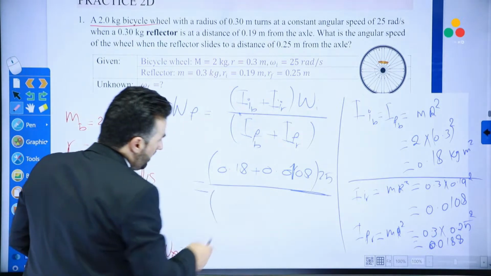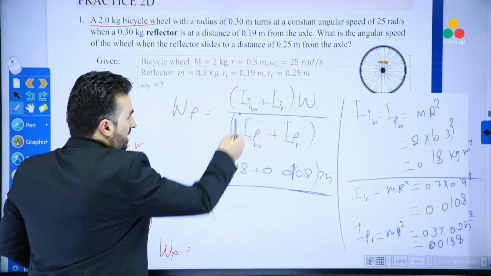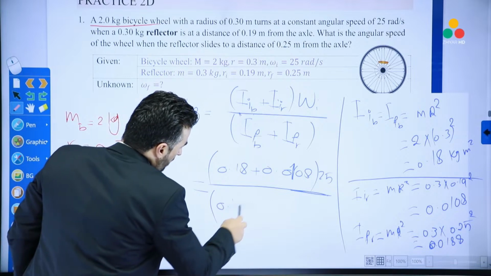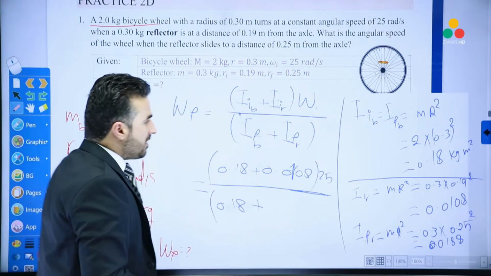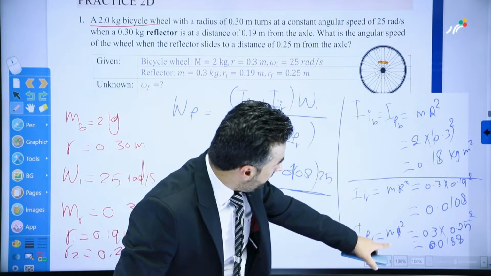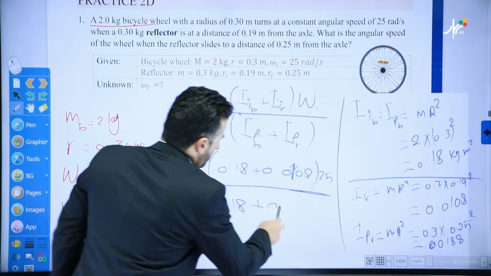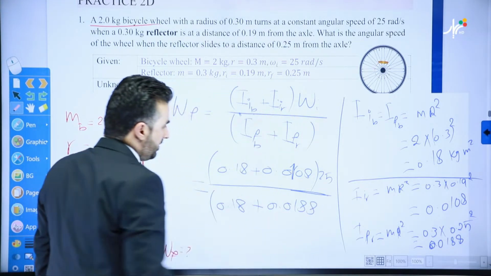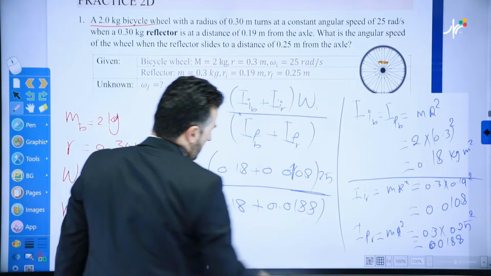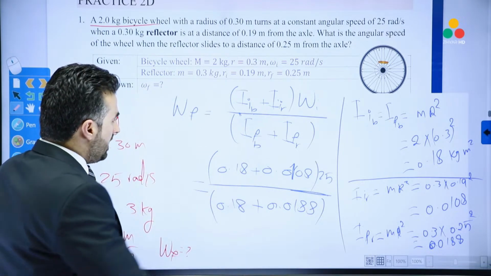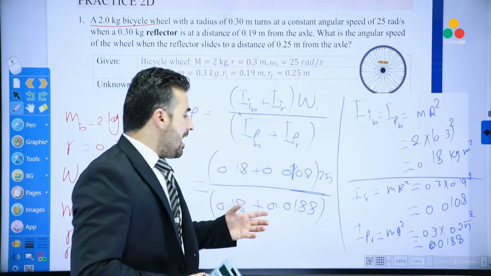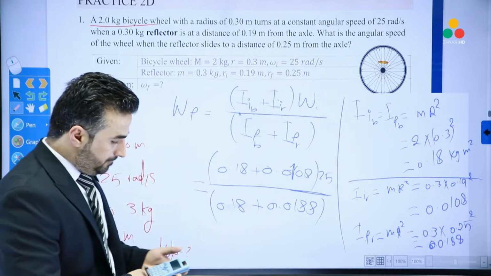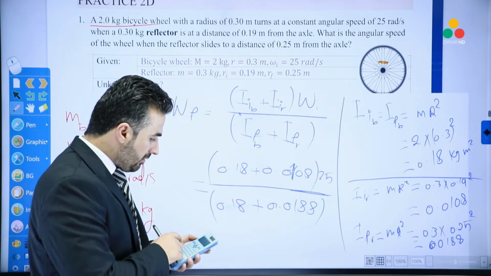And then divided by, remember, we said initial and final for the bicycle wheel was the same, so once again 0.18 plus the final for the reflector, which was 0.0188. Of course, you can round it up, but I would rather keep them all for now. So all you need to do is add, multiply, and then divide. Let's use a calculator.